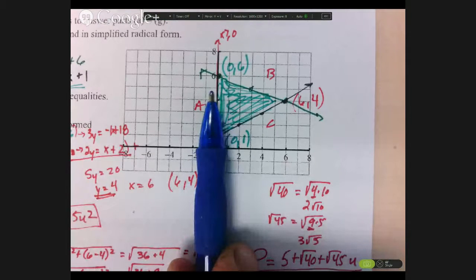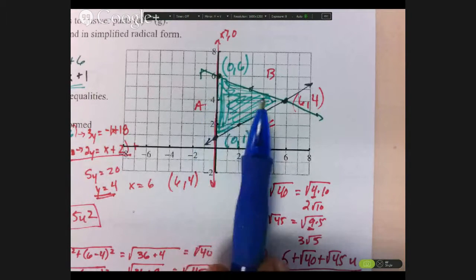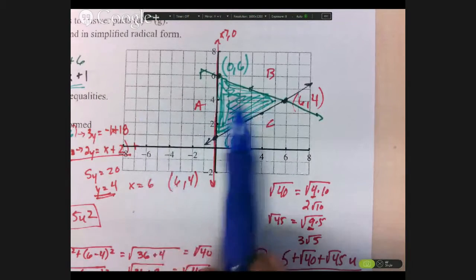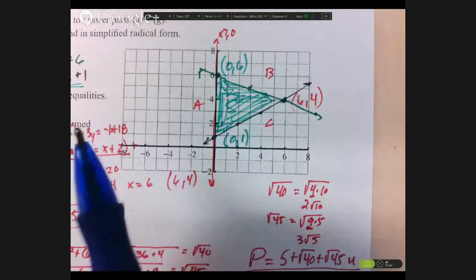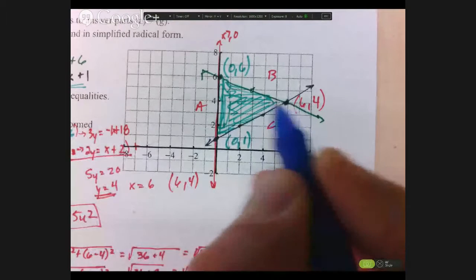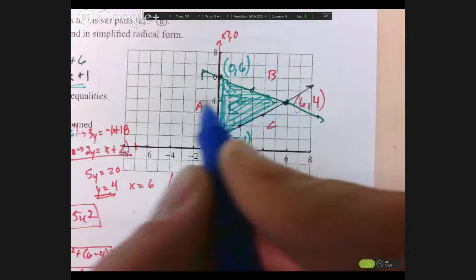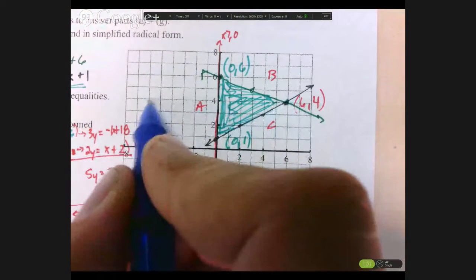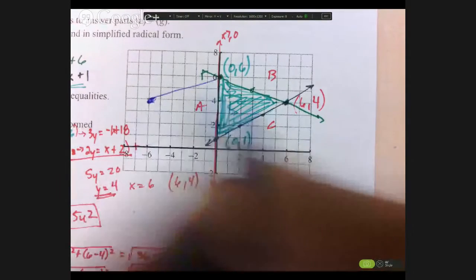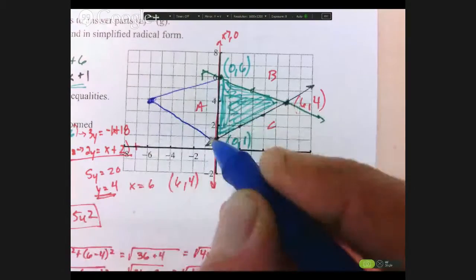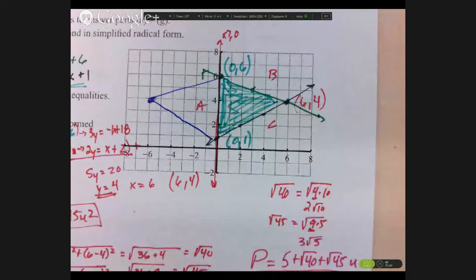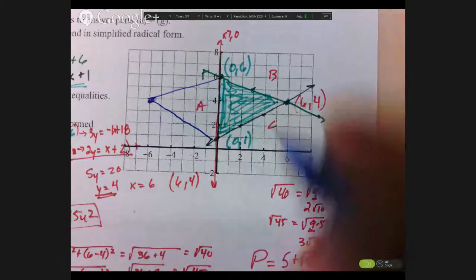The first thing I need to do is reflect it around that y-axis. So I'm going to come over here 6 spots. I'm going to go to -6, and draw a new triangle so that it's a mirror image.